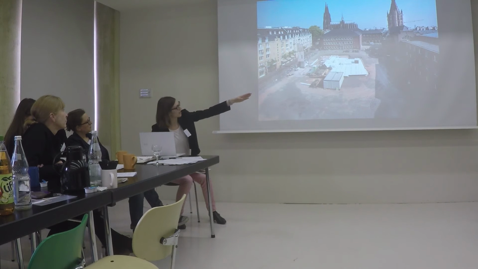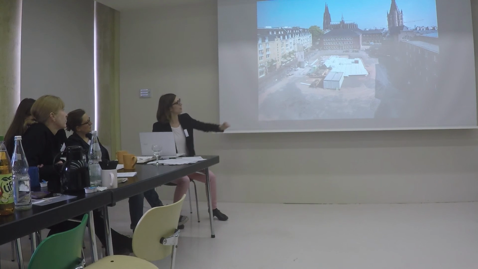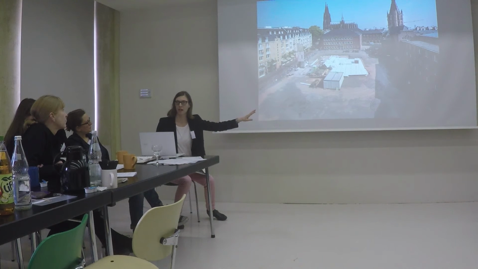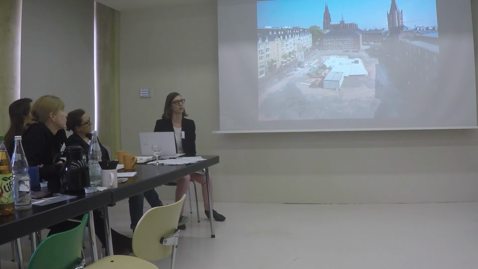If you move a bit further south, again you see the cathedral in the back. On the right-hand side you see the historic Rathaus, and just this red brick building is the Rathaus town hall extension post-war. And then there's a flat built bit where you see there's nothing, and the important thing is what's underneath the ground. This is the archaeological zone.